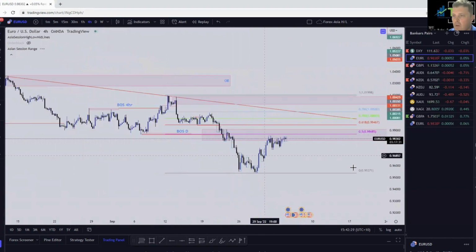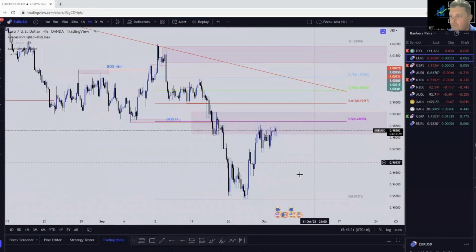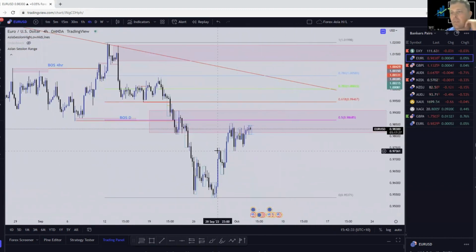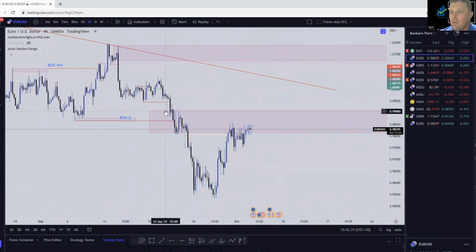Dropping down to the 4 hour. 4 hour starting to tell us a little bit more here. So we'll get rid of this fib. Basically we've had this impulse down. We've come down, set a low, had a retrace, set a lower low, and then we've come up and broken structure through here. You can see we've broken that little high there. So that indicates a break of structure, which is an indication of a reversal.